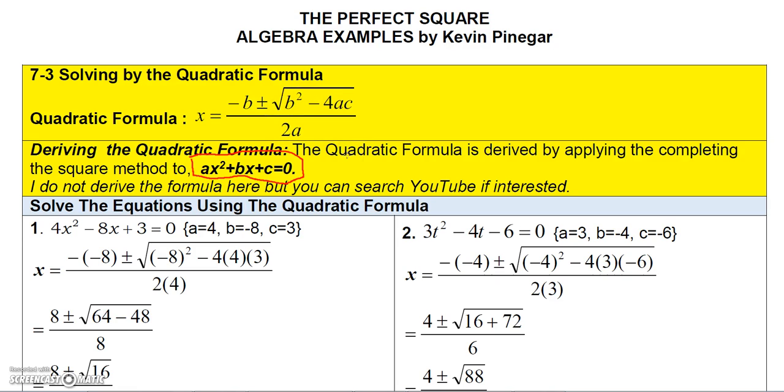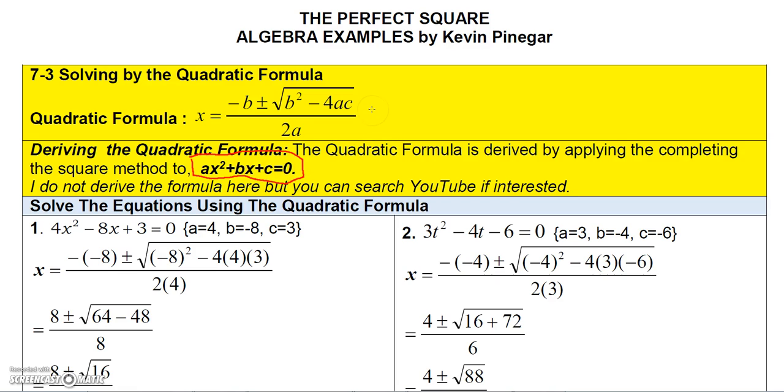Now if you want to know where the quadratic formula comes from, it actually comes from taking a generic quadratic equation like this and then solving for x using the completing the square method that I talked about in the last section. And what you end up getting is a solution for x in terms of these three variables a, b, and c.